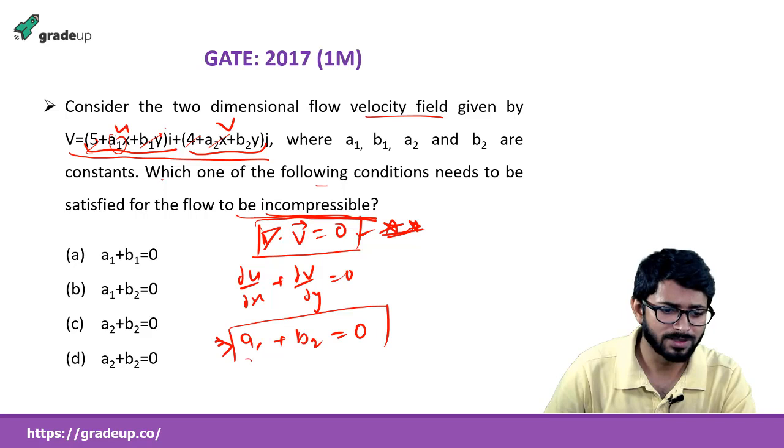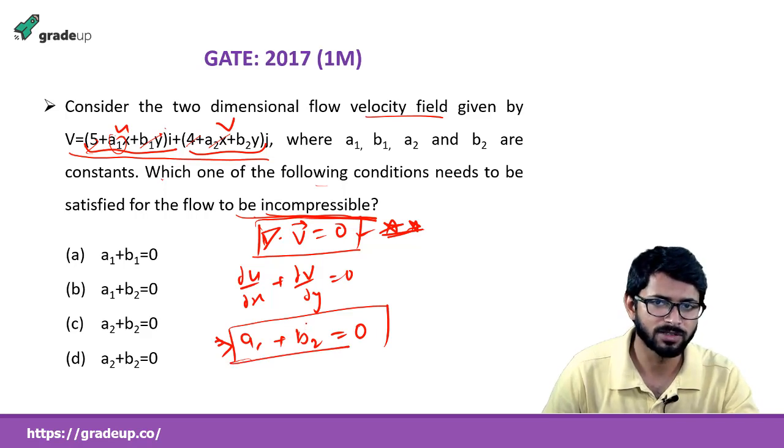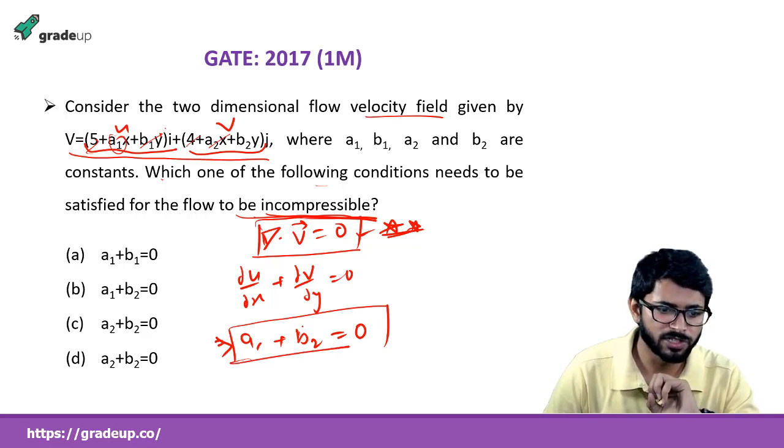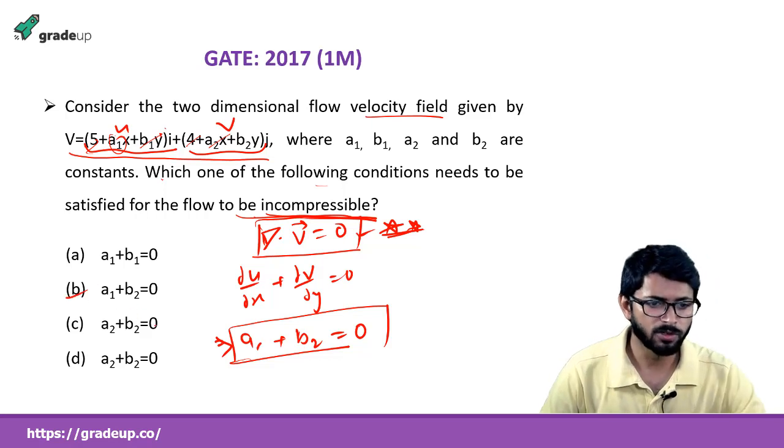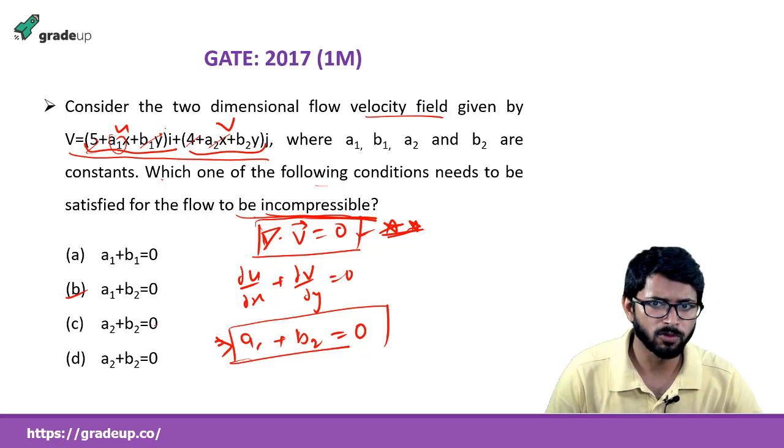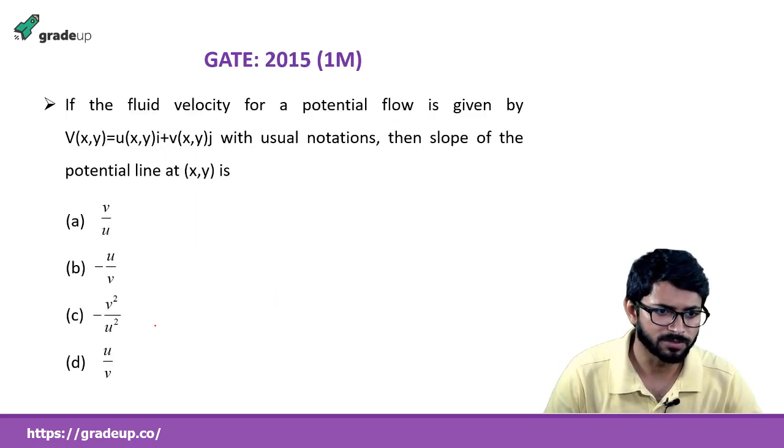So just by putting in the incompressible flow equation, we get the solution. The answer is B, A1 plus B2 equal to 0. It is a very simple question, and it is generally asked in the examination.